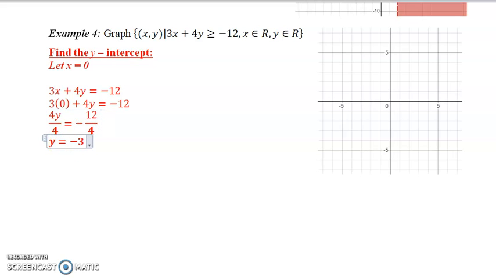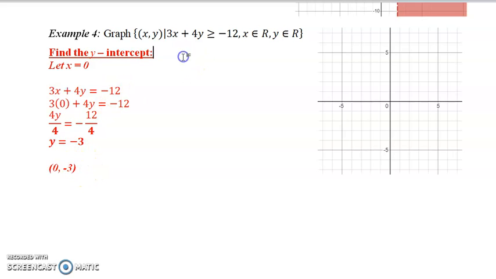We're not getting rid of the inequality altogether. It just shows you when you're solving for it, it doesn't make a difference. So now we have the point 0 and negative 3.